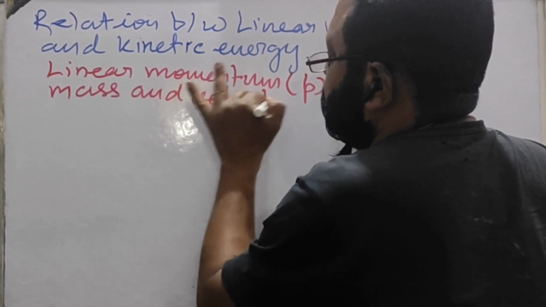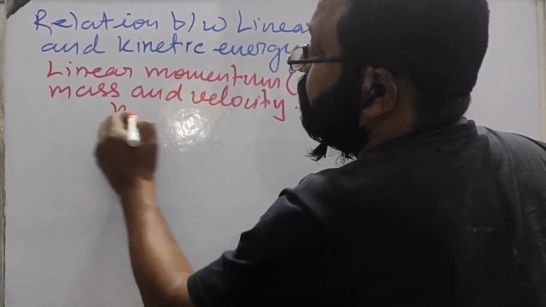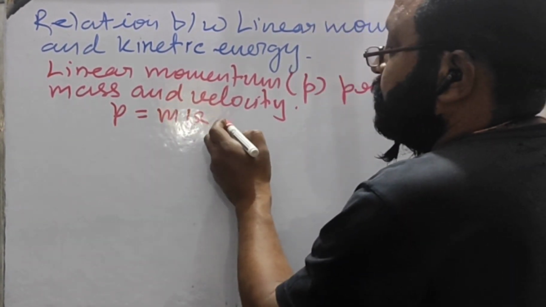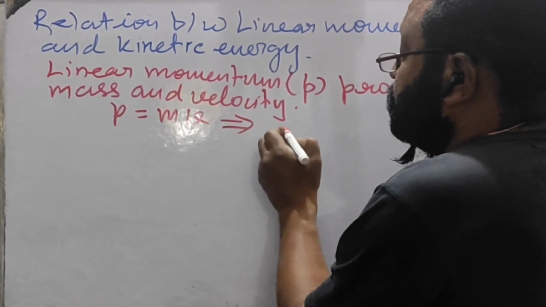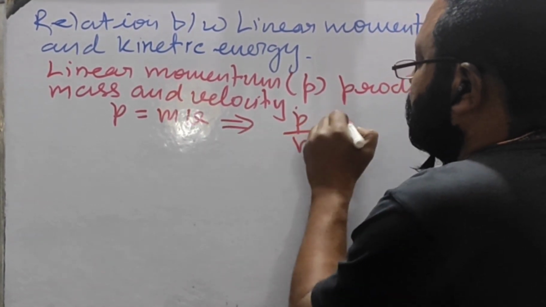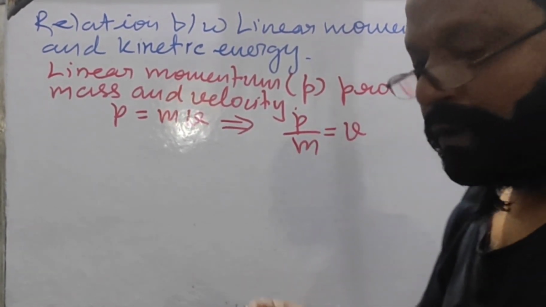So we can write P is equal to m into v. So we can write P upon m is equal to v, right?